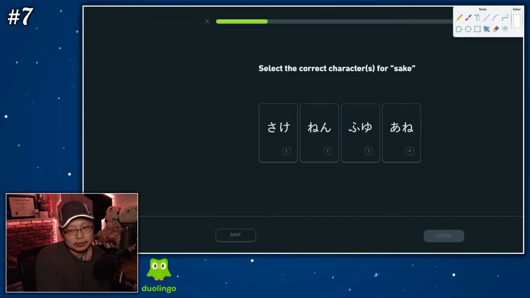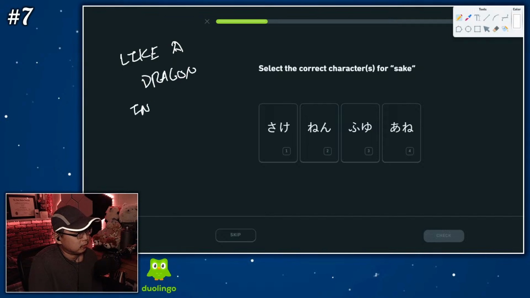I mean, here's the thing. Just one last thing. The Like a Dragon title, Infinite Wealth. Every time I start up this game, there are Japanese characters on it.